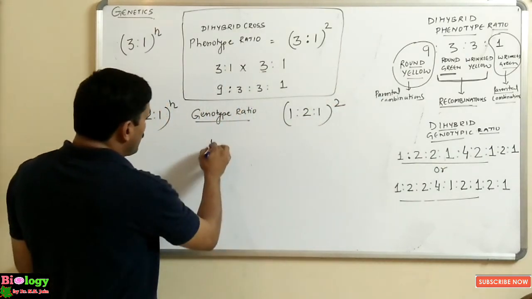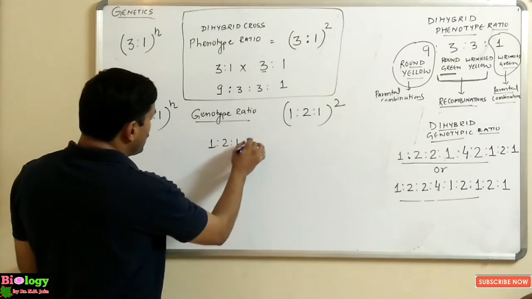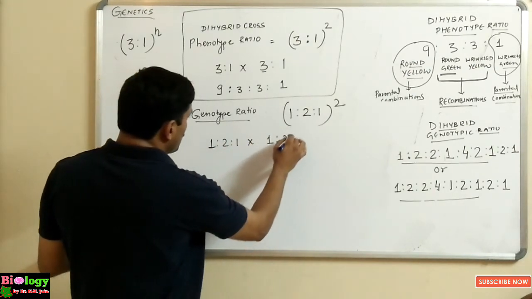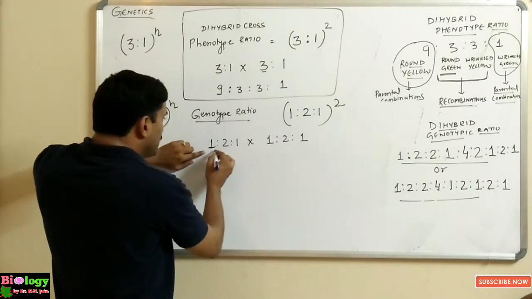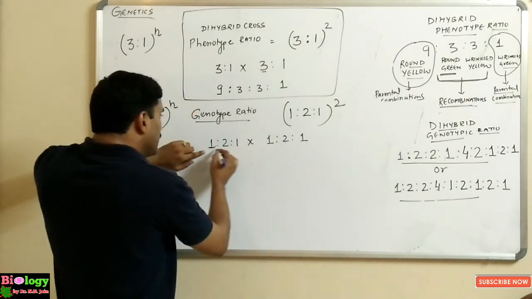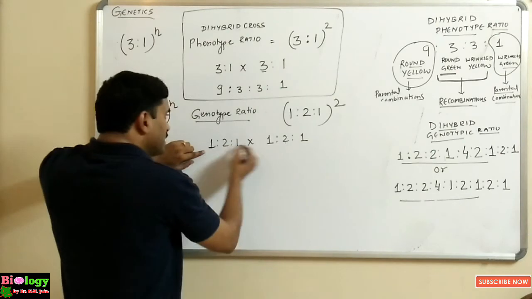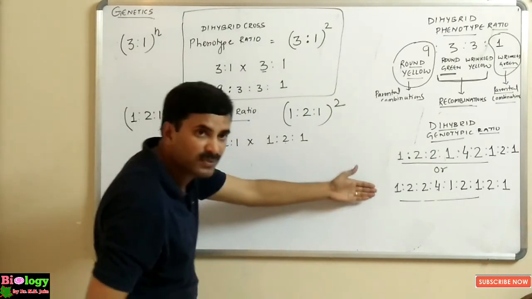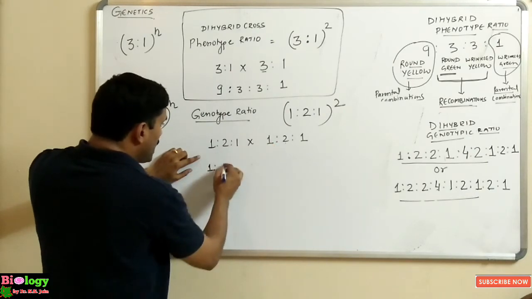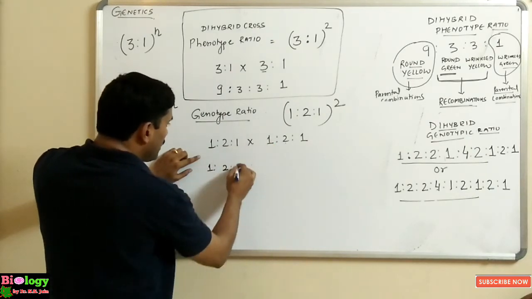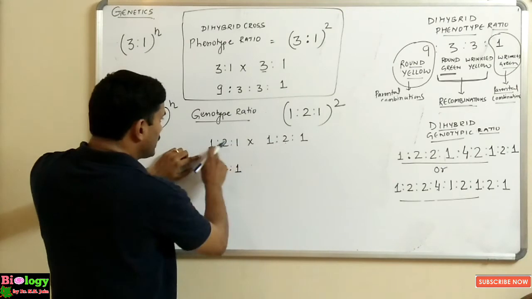So now what will happen? 1:2:1 into 1:2:1. Now multiply the first number with these three numbers, then the next with these three numbers, and the next with these three numbers. So you will get this ratio. See here, 1 times 1 is 1, 1 times 2 is 2, 1 times 1 is 1. I have multiplied this with these three numbers.